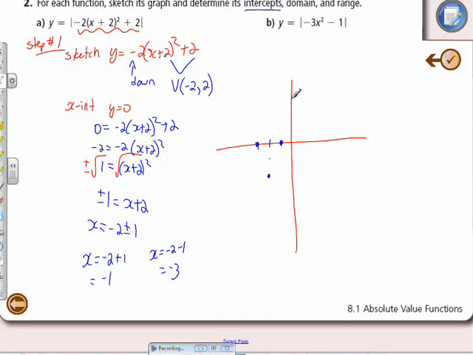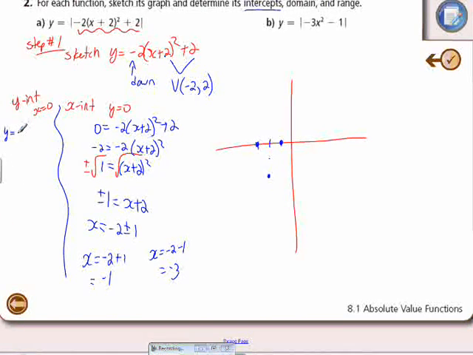Let's find our y-intercept because I want to know where to put that point. Y-intercept is when x equals 0. So just plug in x of 0. Y equals -2 bracket 0 plus 2 squared plus 2. -2 times 2 squared plus 2. -2 times 4 plus 2. -8 plus 2.